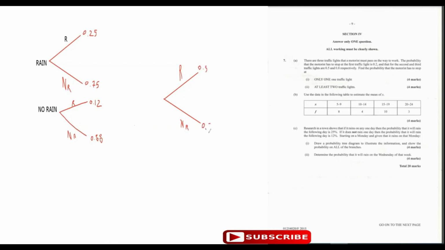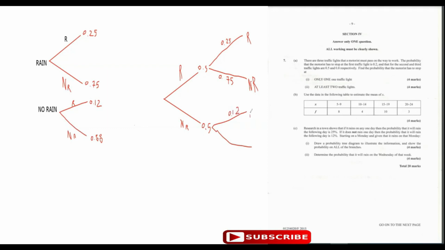Naturally. Now, given that it rained, the chances of it raining again the next day will be 0.25. This is for the chances of it raining again. And given that it rained, the chances of it not raining is 0.75. This would be no rain. Now, given that it doesn't rain, the chances of it raining is 0.12.